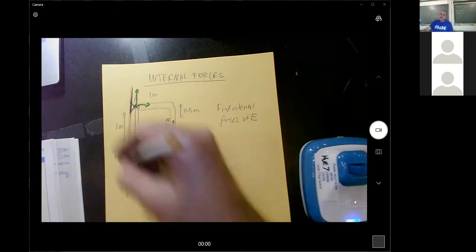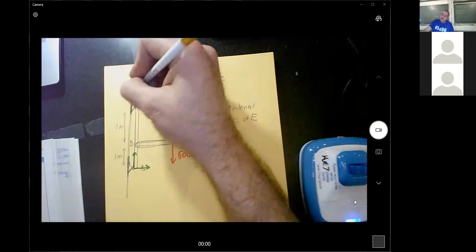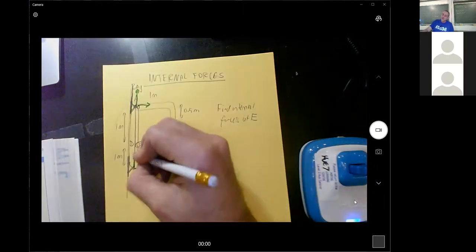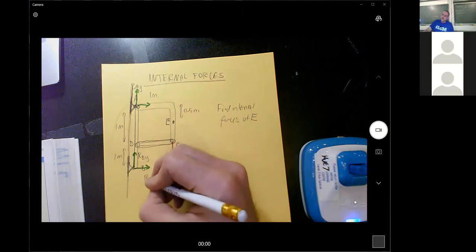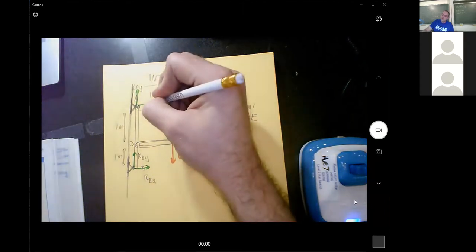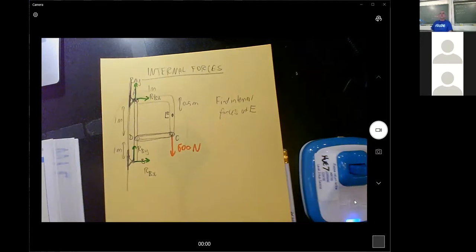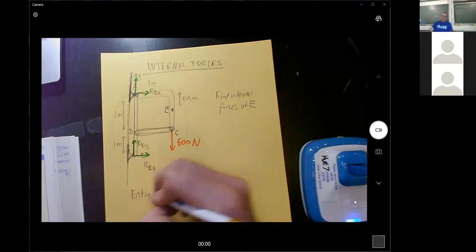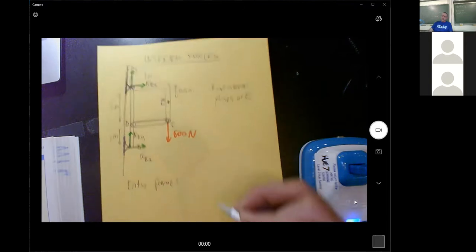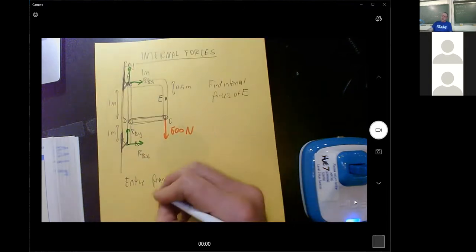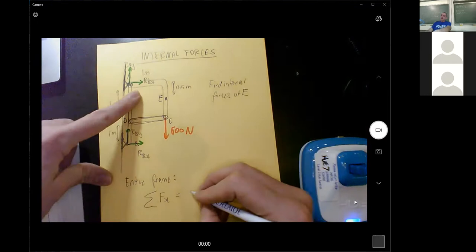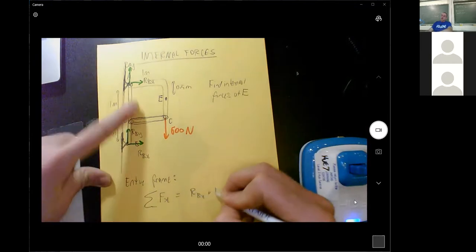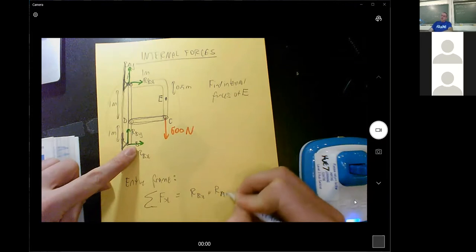Like when you look at the entire object, the reaction at A vertically and the reaction at B vertically, because when you look at the entire frame, we know that the sum of the horizontal forces will be the reaction at B and the reaction at AX, sorry.